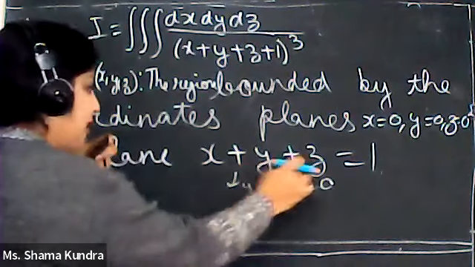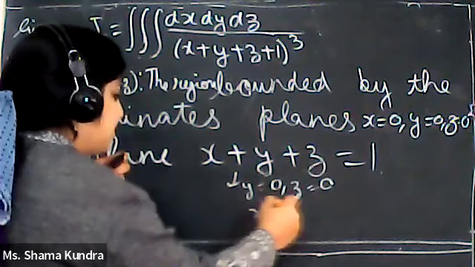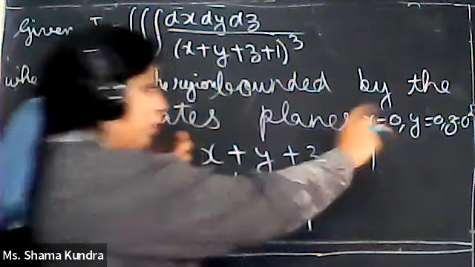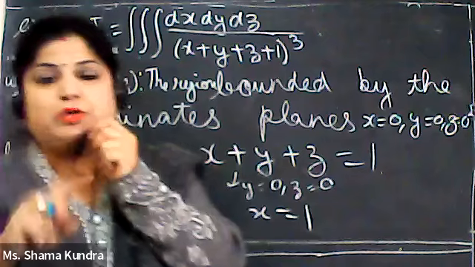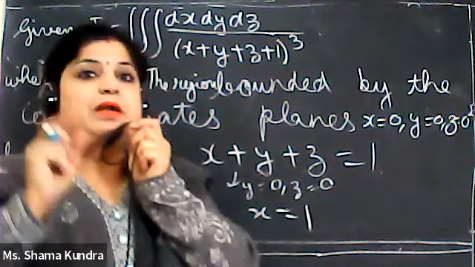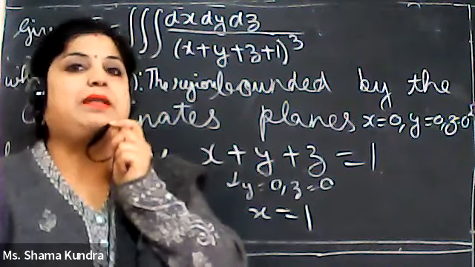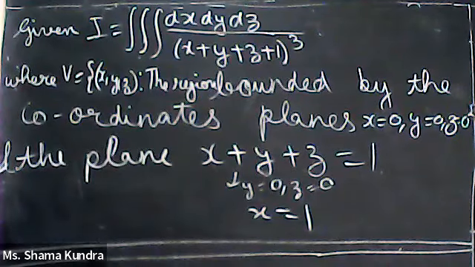What will you get? x plus 0 plus 0 equals 1, means x equals 1. And the starting limit of x is 0, so you will get constant limits of x from 0 to 1. Try to keep the limit of x as constant, then y as one variable and then z as a double variable.